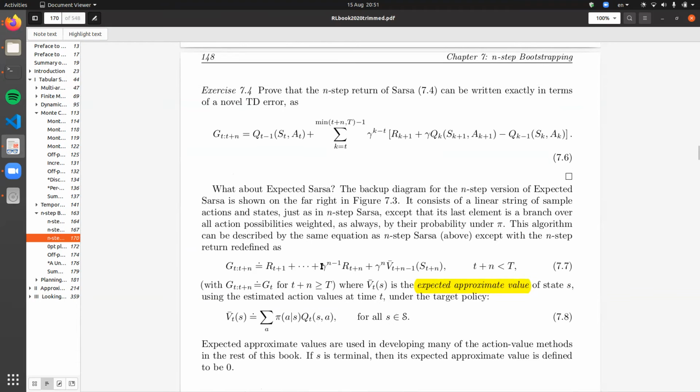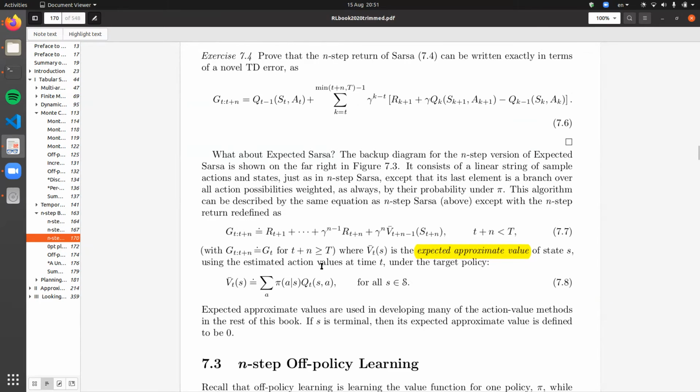Yeah, I'm not quite following how taking the expectation instead of a sample results in larger variance. It occurs to me it should be the opposite way, right? When we take a sample, we have a high variance, and when we take the expectation, we have a lower variance, right? I'm not quite sure how.